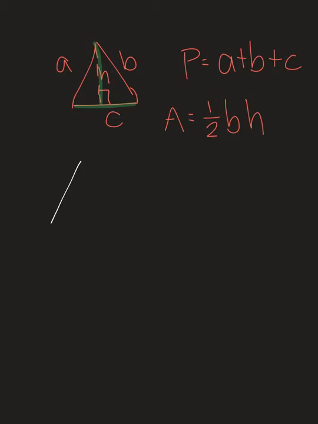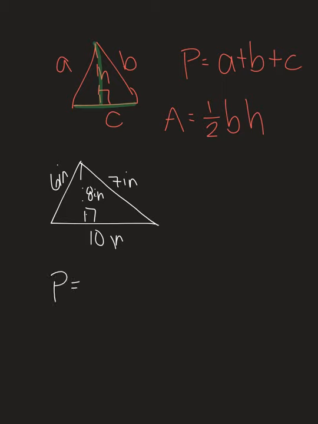So just draw us a triangle. So let's say this is 10 inches, and this is 8 inches. We'll have 7 inches, 6 inches. Okay, so to do my perimeter, I'm just going to add up those sides. So 10 plus 7 plus 6, 23 inches.